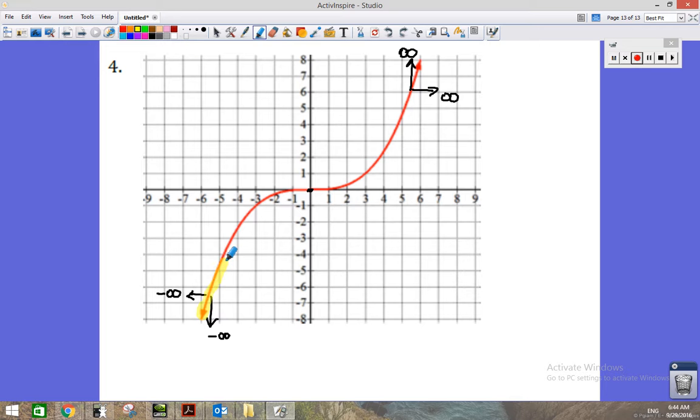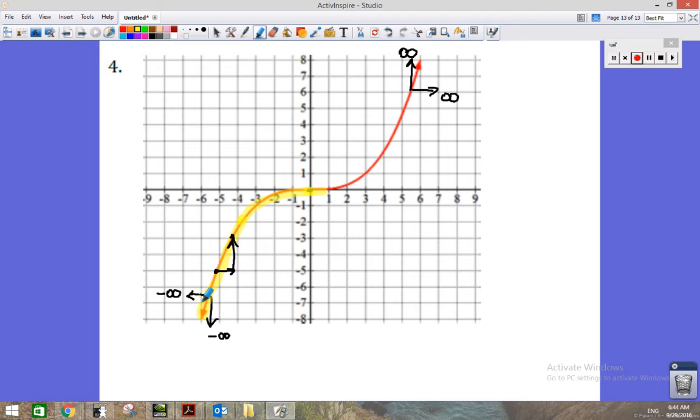Pick any 2 points that are on this portion of the graph, and as x increases, y is also increasing. And that happens all the way even through this point, because remember, that's the only x-intercept.